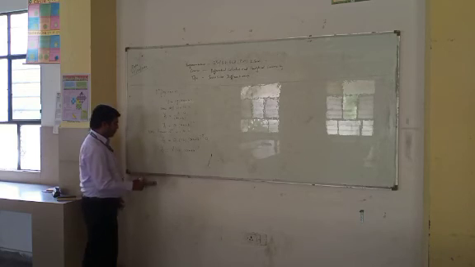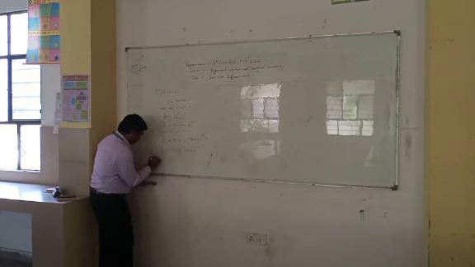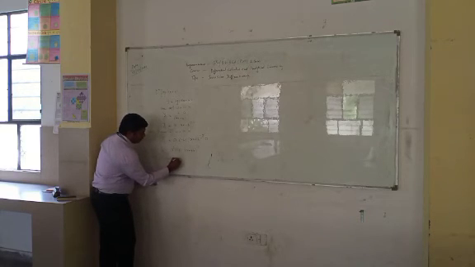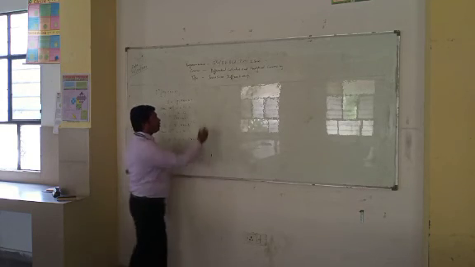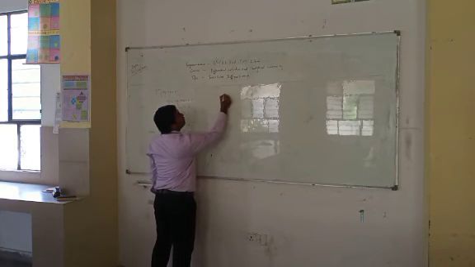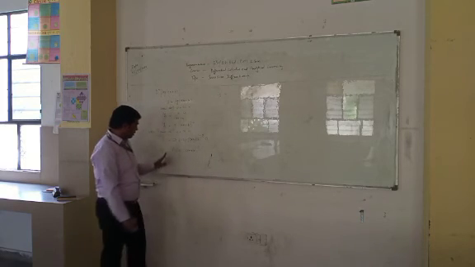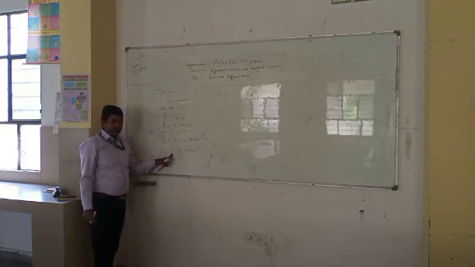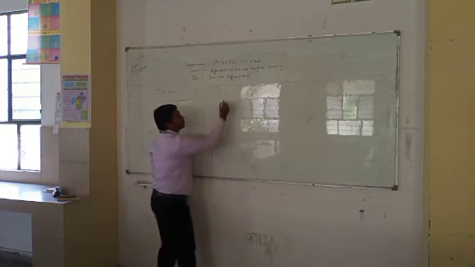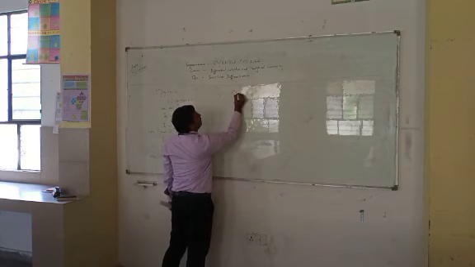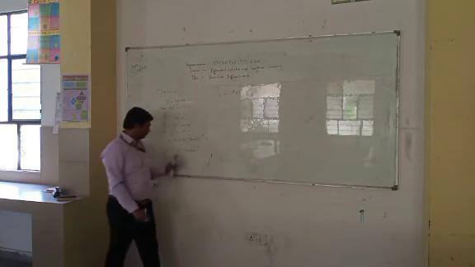Now again differentiating with respect to x, then this will be y3 is equal to a square constant, minus 1 constant. So it will be a square and minus 1.